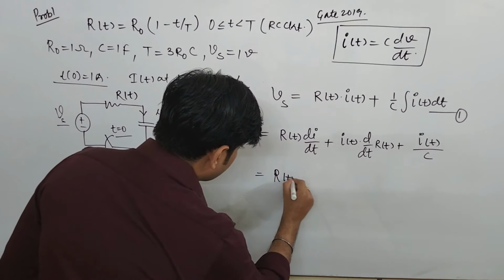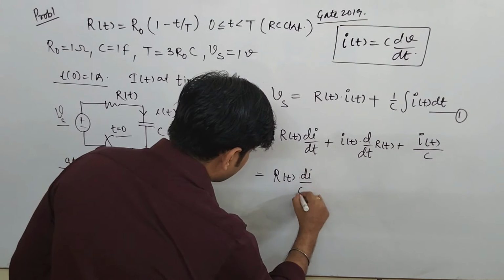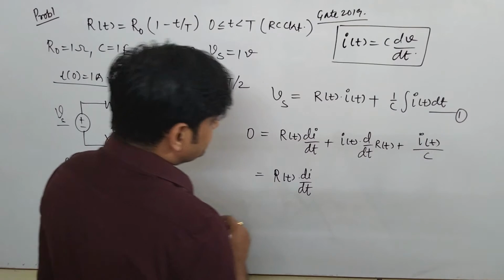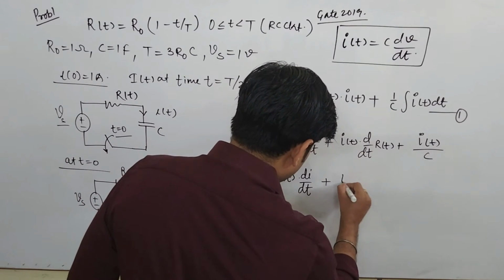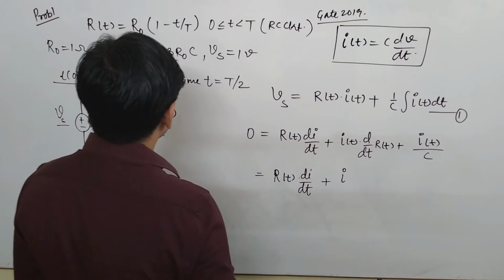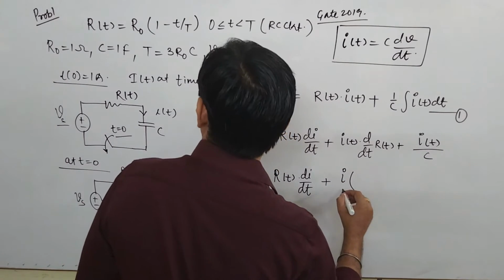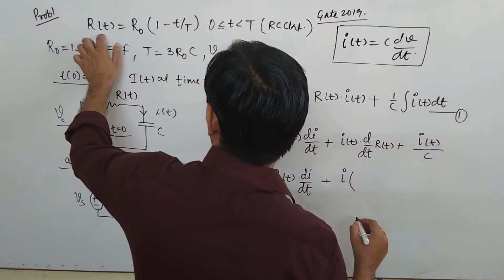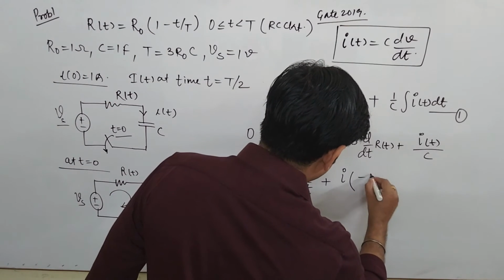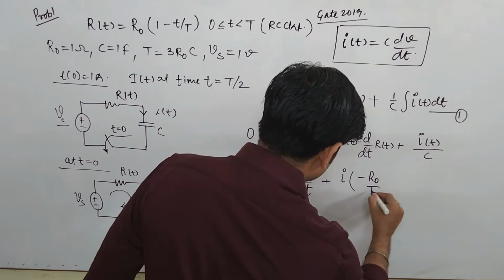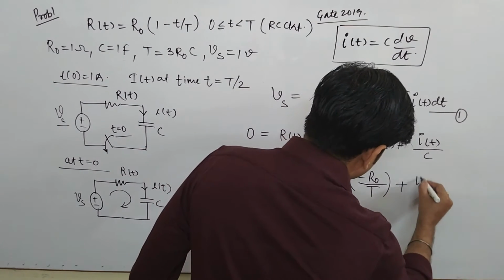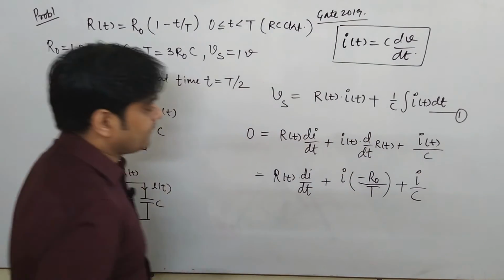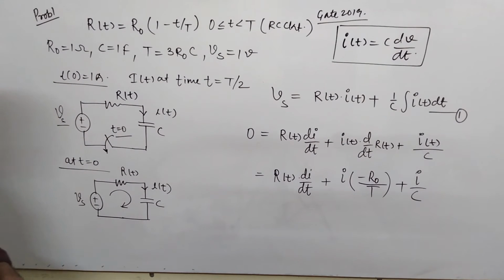So it is R(t) into di by dt, plus, for this i(t) I am writing i directly just to understand it, into the differentiation of this R(t), so it is minus R naught by capital T, and this also you can write as i by C, just to solve it.